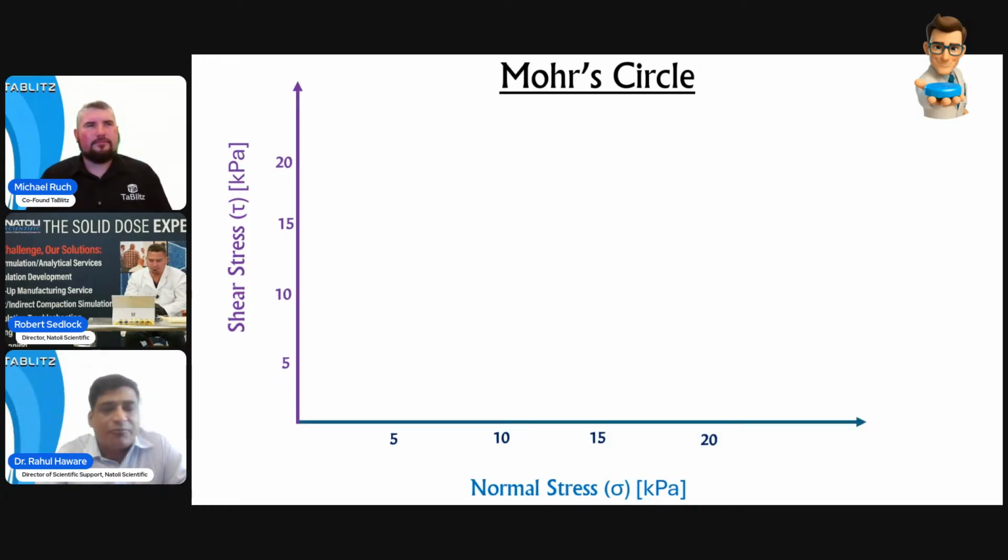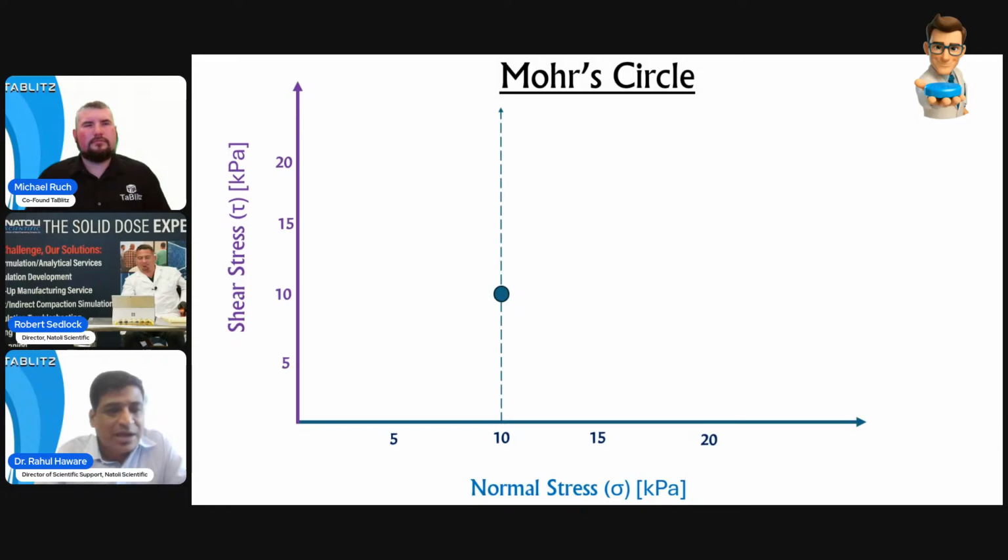Now, on the y-axis we have shear stress, which is in the parallel direction, because with solid plates we want to disturb them in the parallel direction, just like liquid plates. That shear stress is again in kilopascal. Now Robert applied 15 kilopascal. I'm a little bit frugal here. I have applied, let's say, 10 kilopascal normal stress.